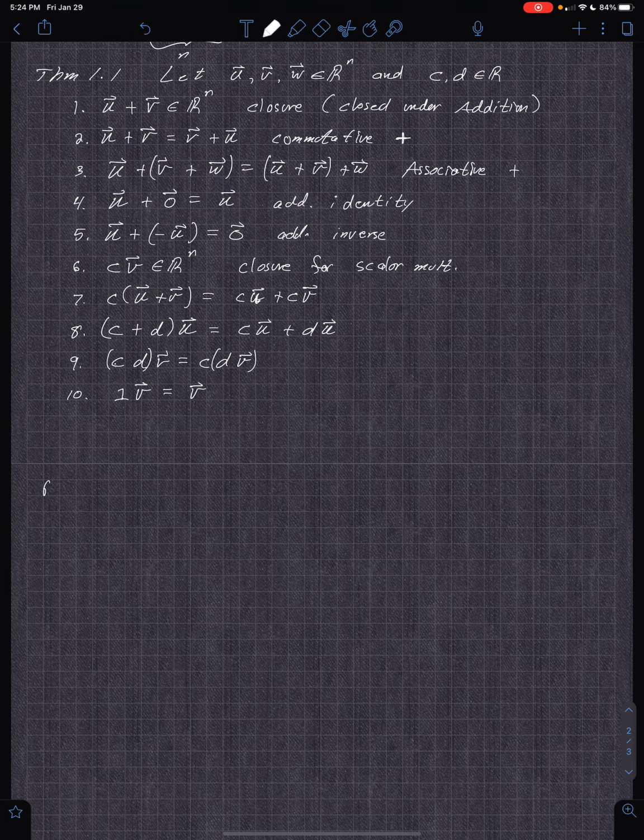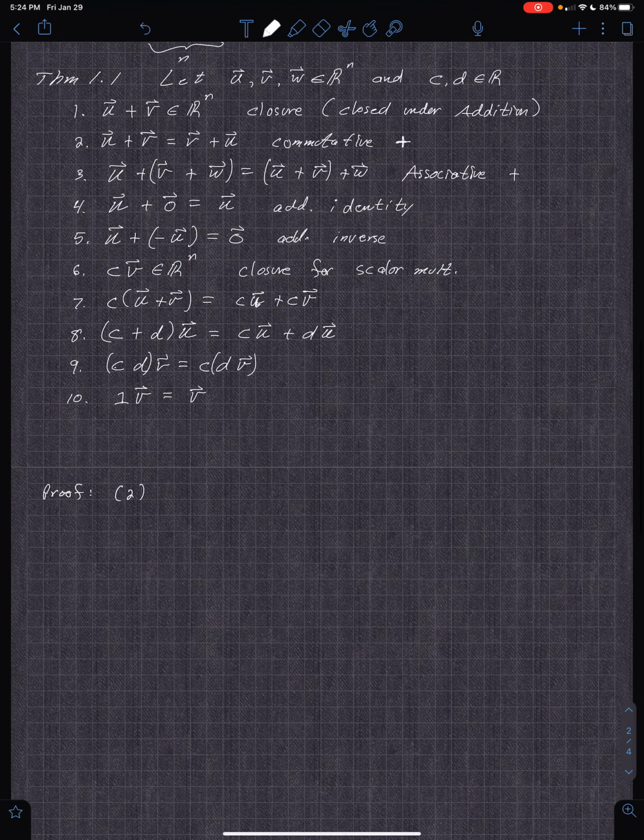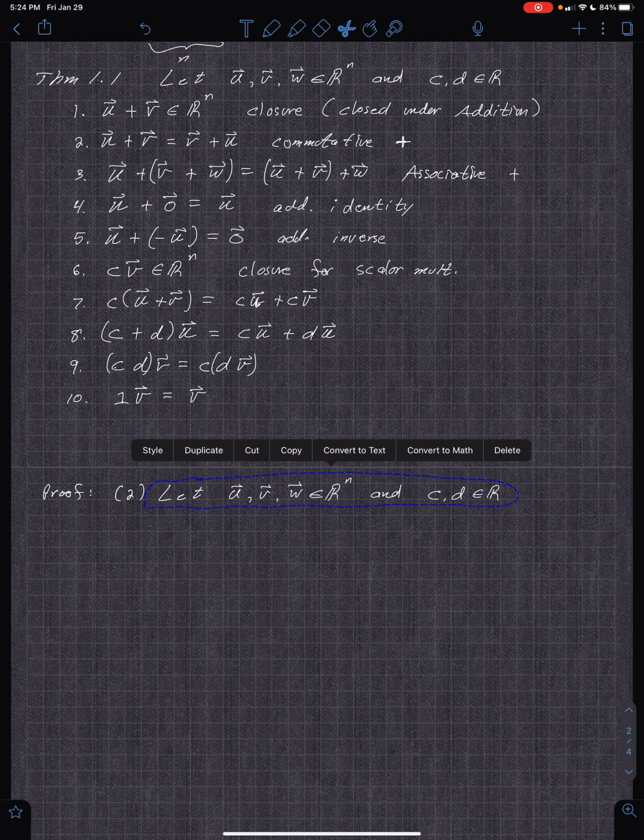So let's look at the proof. We're going to look at 2. We're going to first assume this hypothesis. So we're going to say the same thing basically, and I'm just going to paste it because I can. We're going to let U, V be in R^n, and c, d in R.